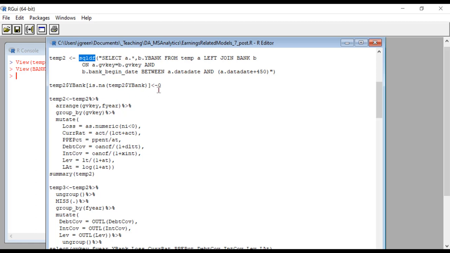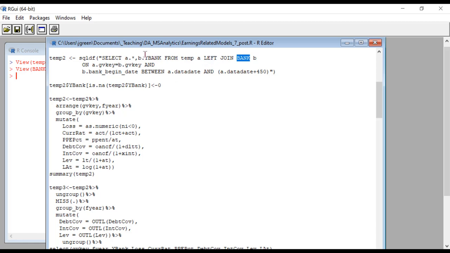So we're going to do what is called a left join here, and that means take all of the observations from temp and join bank wherever temp meets certain conditions. And so there are other types of joins. The one I use most commonly in this type of data is left join, but we could do other ones, inner joins, outer joins, right joins, but that isn't really that important right now.